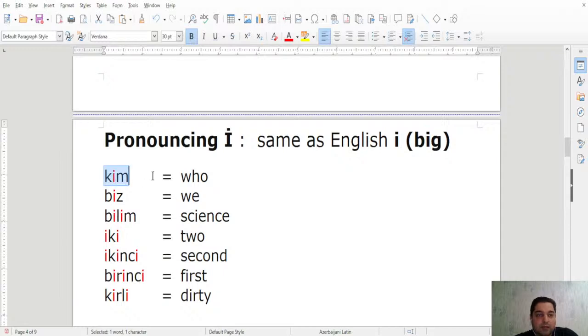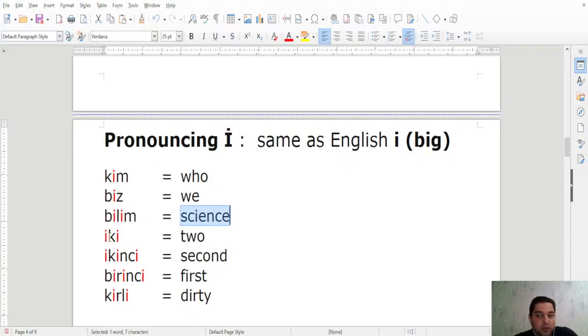So the examples here we have is kim, who, right? Then we have biz, we. Then we have bilim, science. Pay attention to the fact that we don't prolong it, as in English double E. So in Turkish İ is different than the prolonged version of double E in English, okay?